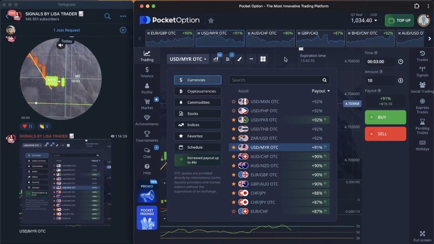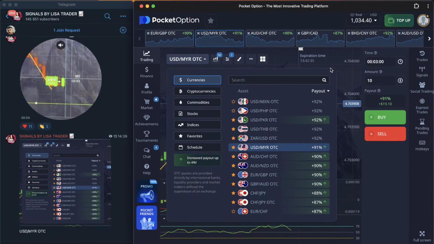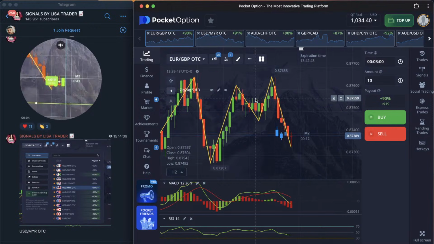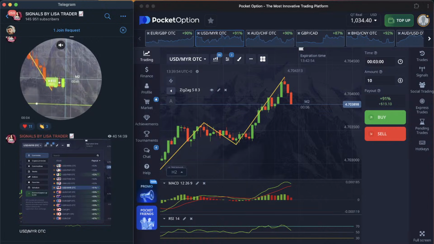Okay, we choose this currency pair. Here's a pretty good start of the downward trend. Oh, it's lagging a little bit. So, where is it? Here. Okay, be ready to open signal down.